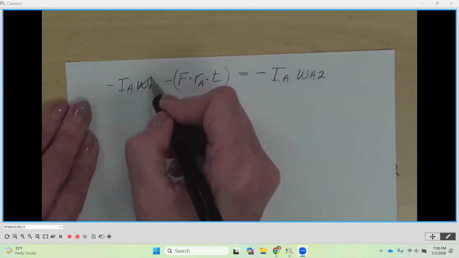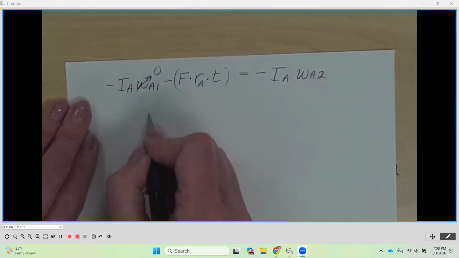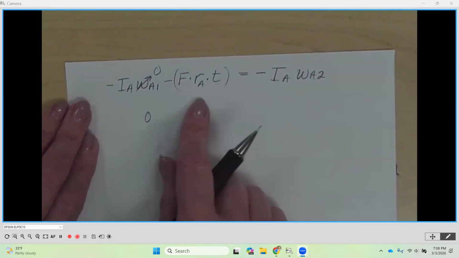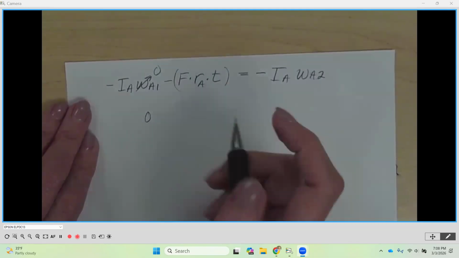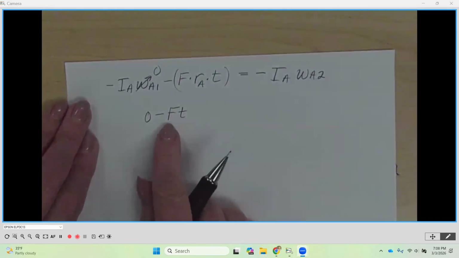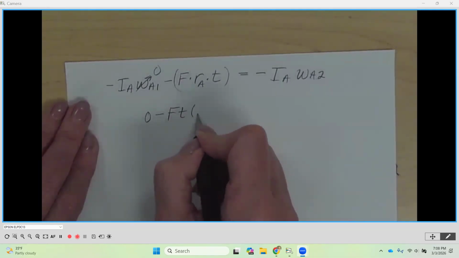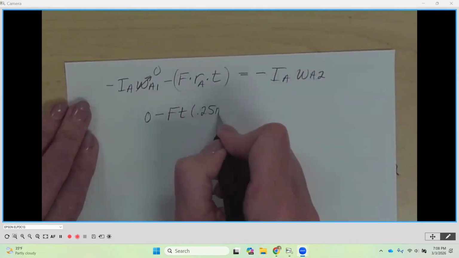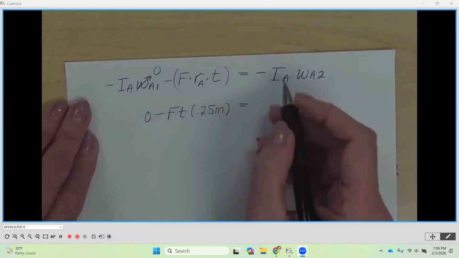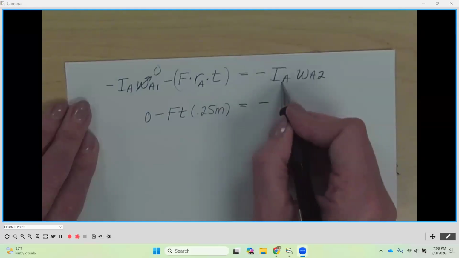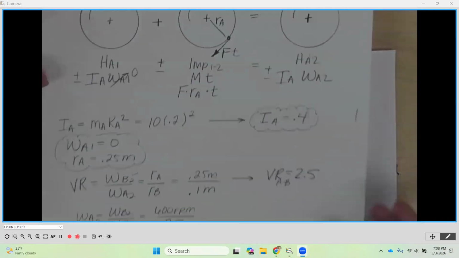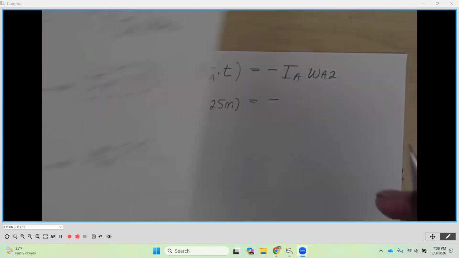So let's put our numbers in. We know that this is equal to 0, so this is going to be 0 down here. Okay. Then what we're going to do is we're going to pull out the F times T here. Okay. So this is going to be minus F times T because we don't know those two values, but we do know that it's a radius of 0.25 meters, radius A. It's going to be equal to a negative moment of inertia A, we calculated earlier to be 0.4.